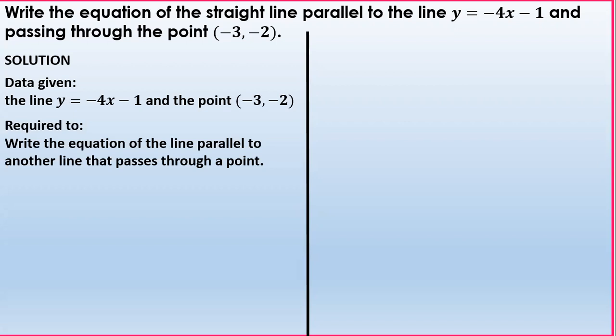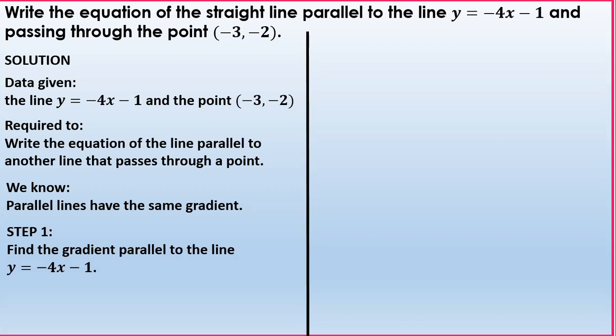What are we required to do? We are required to write the equation of the line parallel to another line that passes through a point. But what do we know? Parallel lines have the same gradient. Let us start and solve this problem.